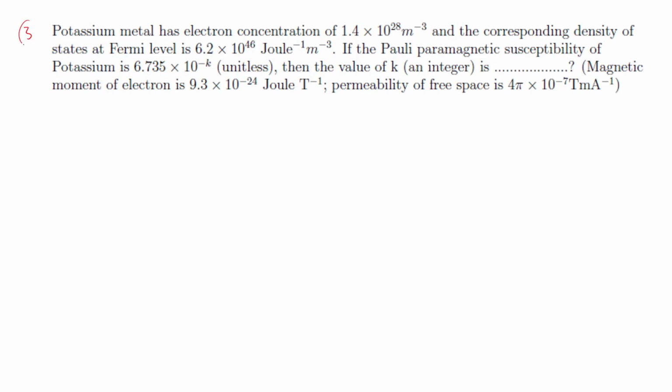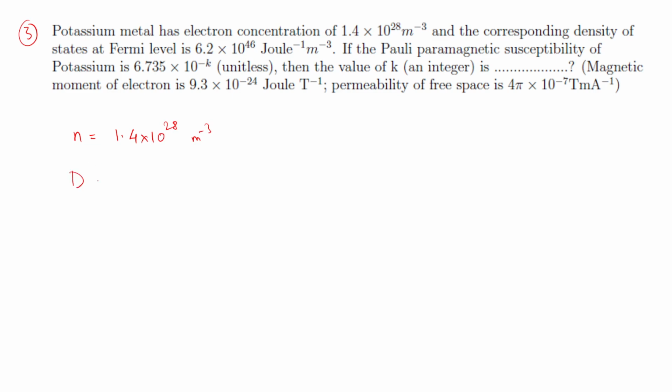So now the question has given that potassium metal has an electron concentration of 1.4 into 10 to the power 28 per meter cube, and the corresponding density of states at the Fermi level.